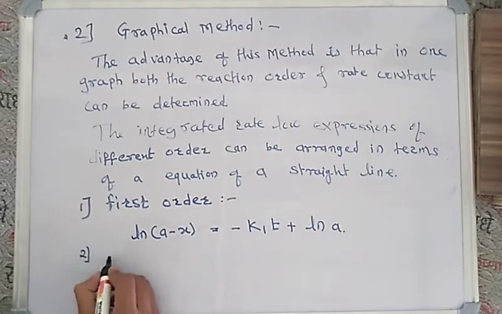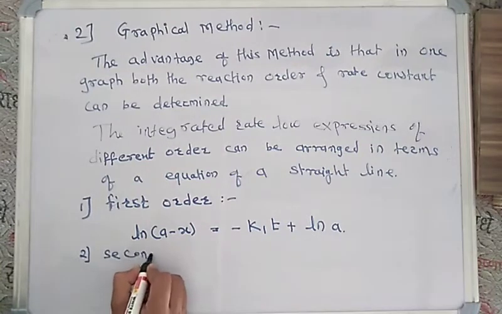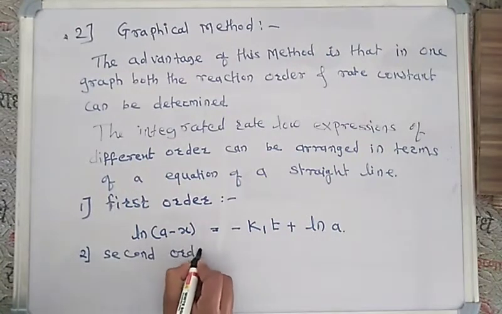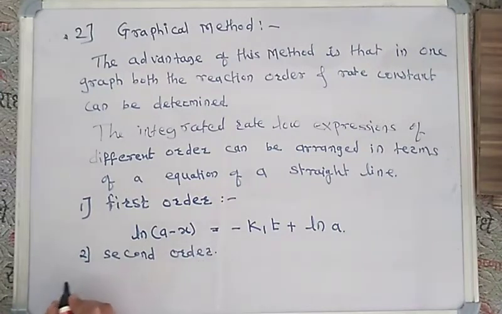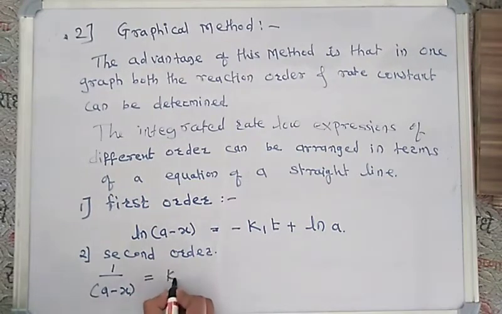For second order, the integrated rate equation is 1 divided by (a minus x) equals k2 into t plus 1 divided by a.